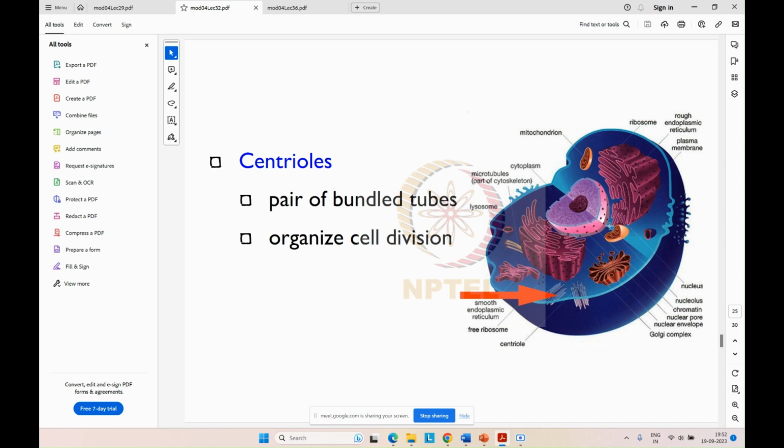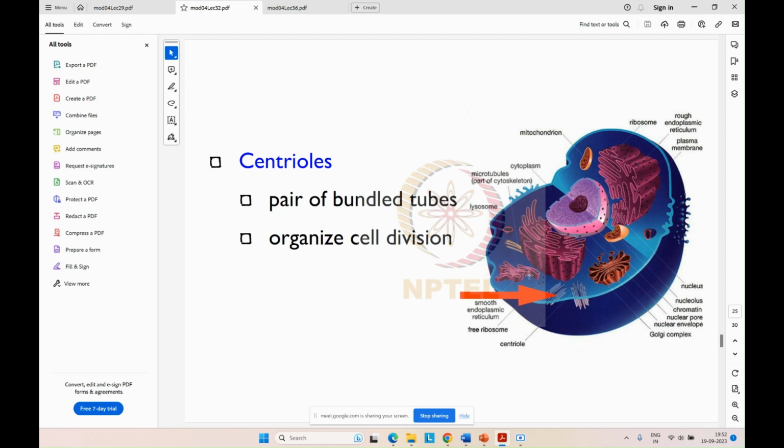And so the microtubules that help in cargo trafficking originate from the centrioles. These centrioles are usually present near the nucleus, and are the microtubule organizing center.